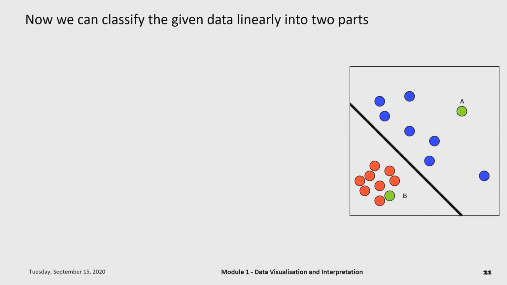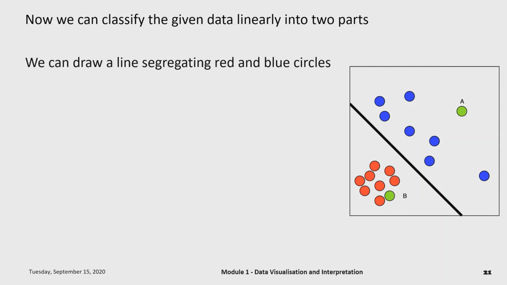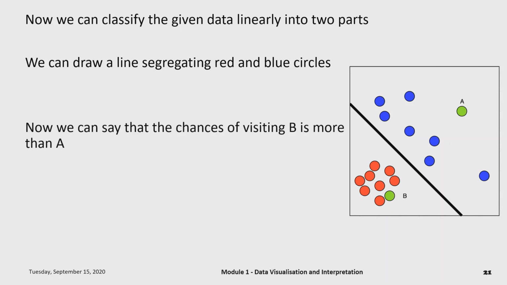So this was our previous data for visiting of two restaurants which have been previously visited and not visited. So what we have done here, we have drawn a straight line and divided these two data, classified them into two different parts, right? Now after dividing, there's the same position, but there will be two different categories now: visited and non-visited, right? So we draw a line in between these two categories and divide it into two different parts.